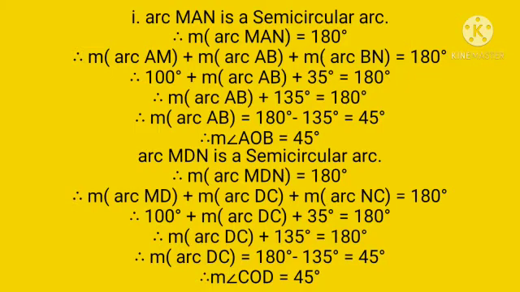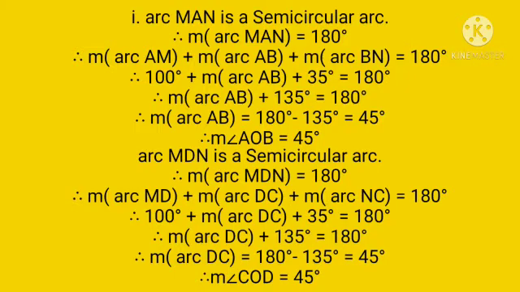Let us substitute the values given. Therefore, 100 degrees plus measure of arc DC plus 35 degrees is equal to 180 degrees. Therefore, measure of arc DC plus 135 is equal to 180.